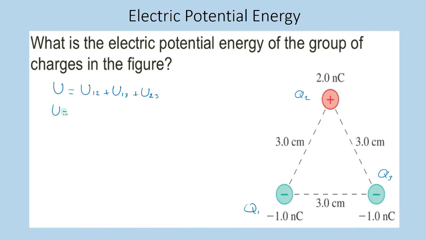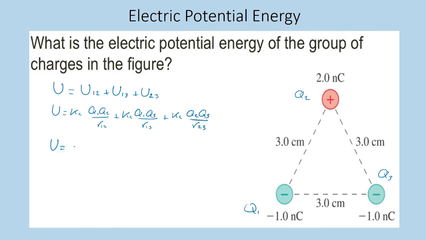So U is equal to Kc Q1 Q2 over R12 plus Kc Q1 Q3 over R13 plus Kc Q2 Q3 over R23.